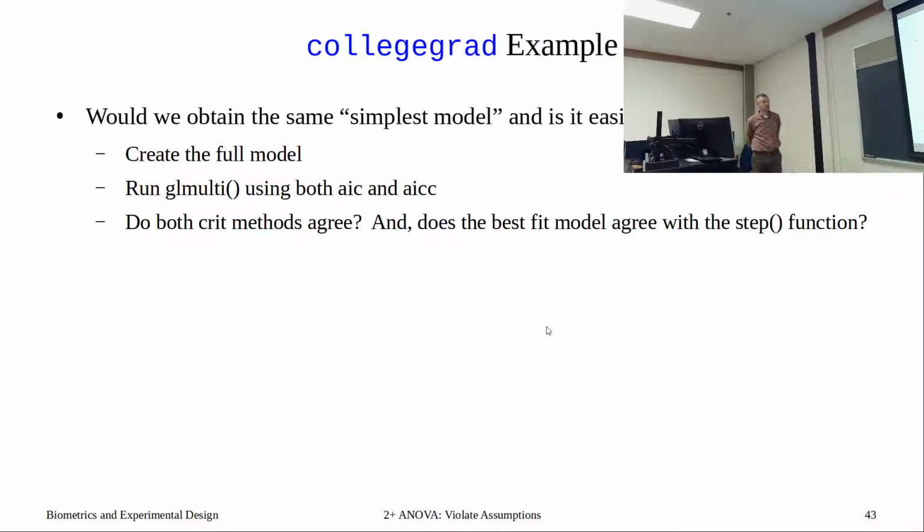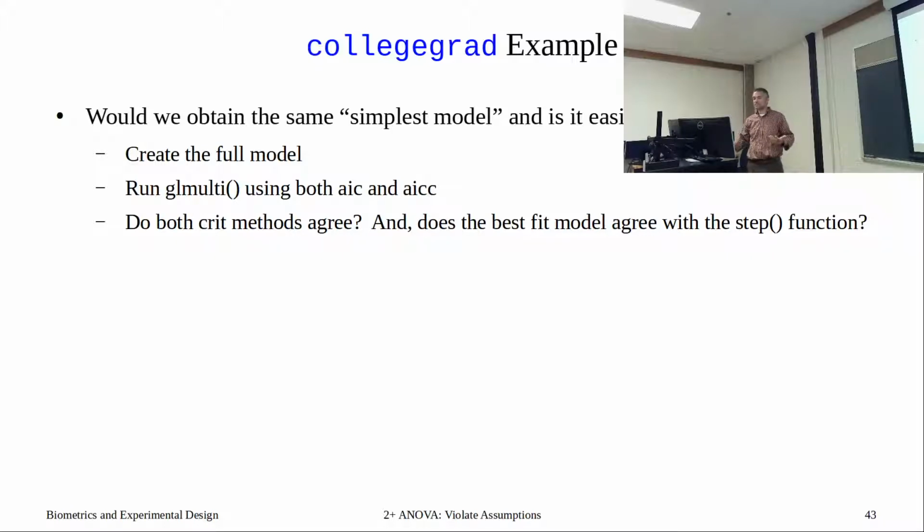So the question is, we already came up with the simplest model using the step function, and you saw how we did that. Started at complex, worked backwards, started at the null, worked forward. Does glmulti give us that same simplified model?